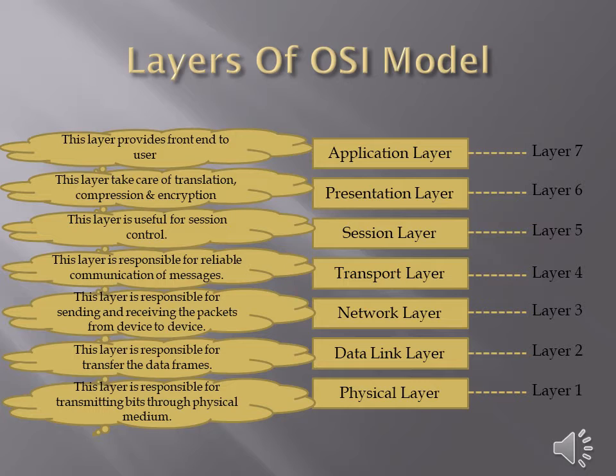Transport layer: this layer is responsible for reliable communication of messages. Network layer: this layer is responsible for sending and receiving packets from device to device. Data link layer: this layer is responsible for transferring data frames. Physical layer: this layer is responsible for transmitting bits through the physical medium.